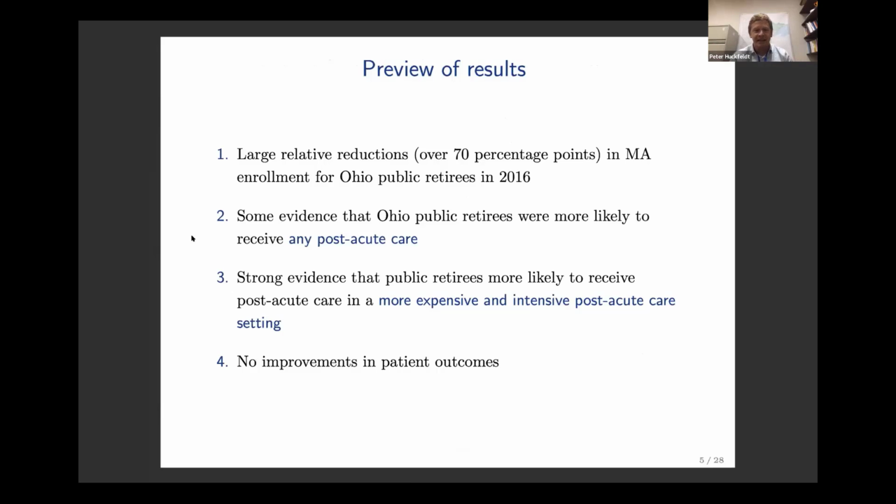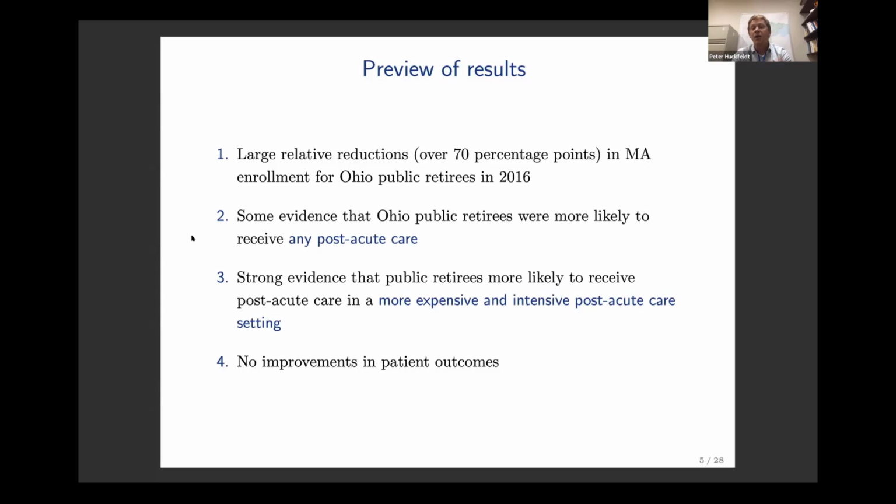So again, the obligatory preview of results in case my Zoom crashes. We find huge relative reductions in Medicare Advantage enrollment for Ohio public retirees in 2016 relative to our different comparison groups. So this is our first stage. We find small or mixed evidence that Ohio public retirees, once they were in traditional Medicare, were more likely to receive any post-acute care.